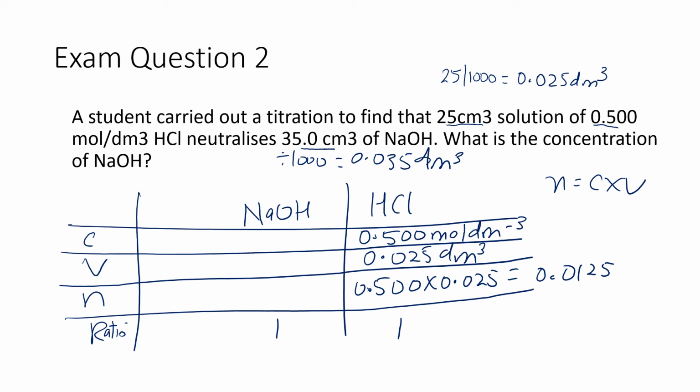The ratio of them is 1 to 1 if we did the balanced equation in the last question. So I can assume that this is also 0.0125. I've been told the volume of NaOH is 0.035 dm cube.